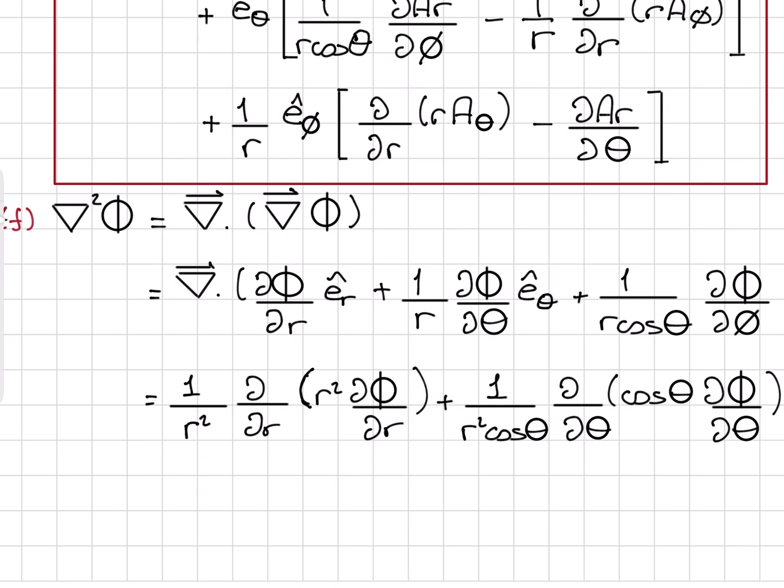Now, if I apply the r derivative here, I'm going to get 1 over r squared. This derivative will give me 2r del phi del r.